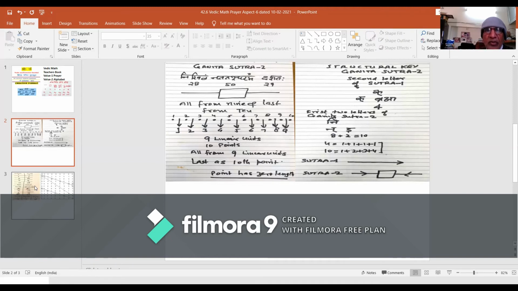Therefore, the organization of Ganita Sutra 1 as sequential progression is here at the second step taking and transiting and transforming the arrangement 1, 1, 1, 1 into 1, 2, 3, 4, and so on.